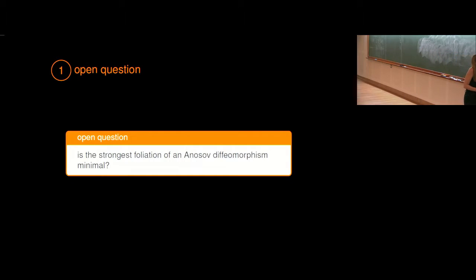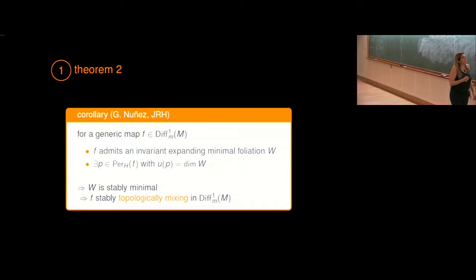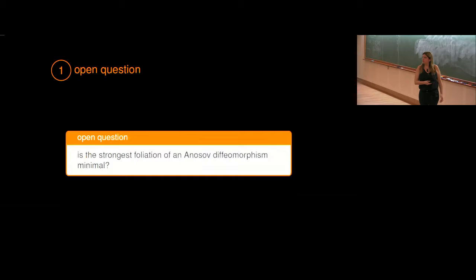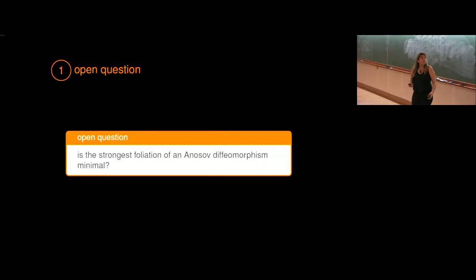Okay, so why should I put this annoying point here? Because I would love to get rid of this. But if I got rid of this, I wouldn't be stating this silly theorem. I would be stating a much more important theorem, which is unknown: is the strongest foliation of an Anosov diffeomorphism minimal? It's not known. Not generically.